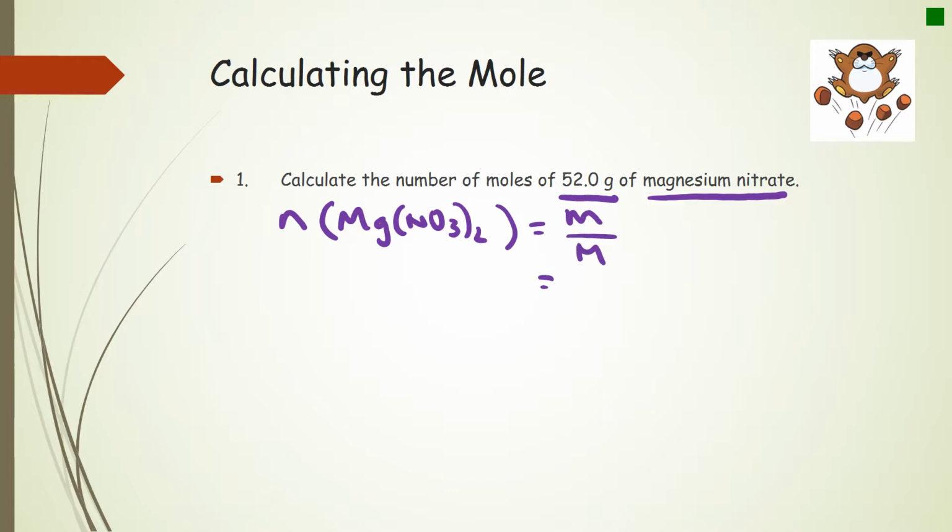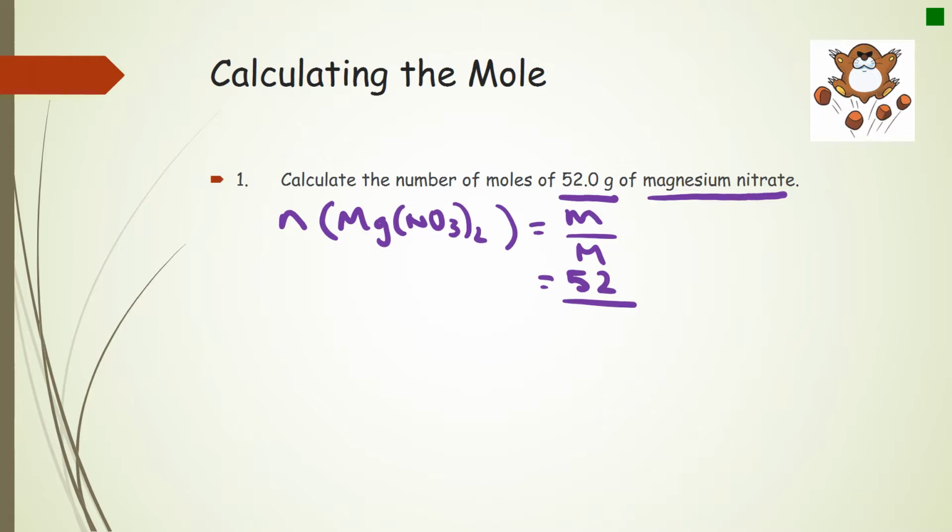Now, we don't know the number of moles, that's obviously what we're trying to find, but we do know the mass, and the mass is 52 grams. And going to our periodic table, we work out our molar mass. Now remember, we go through and we follow the formula.